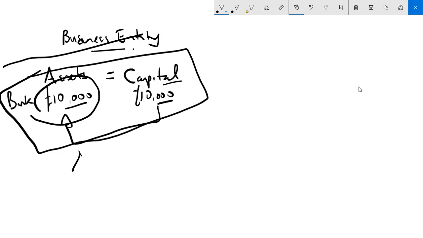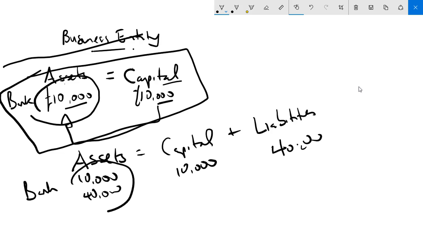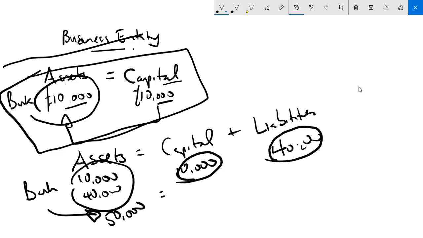So how would we recognize this? Well, initially you had 10,000, which had come from the owner, and now you have acquired another 40,000. So you have 40,000 in the bank as well, making this 50,000. Now you have £50,000 in the bank, made up of £10,000 you owe to the owner and £40,000 you owe to the bank.